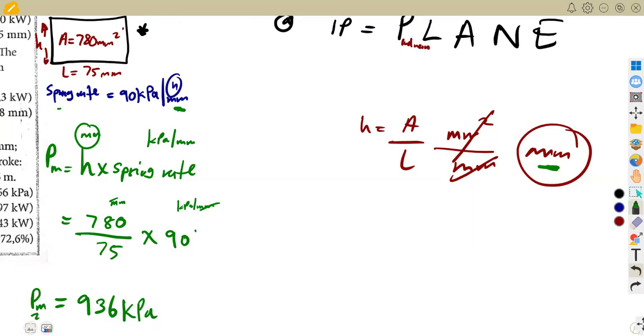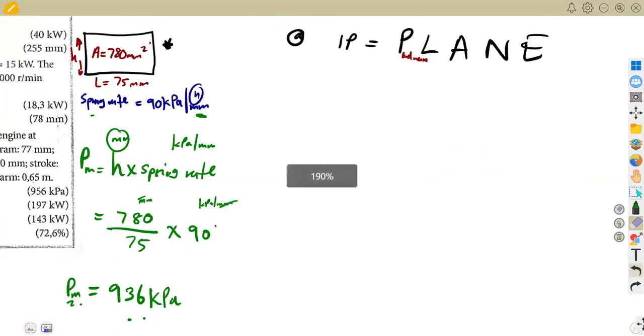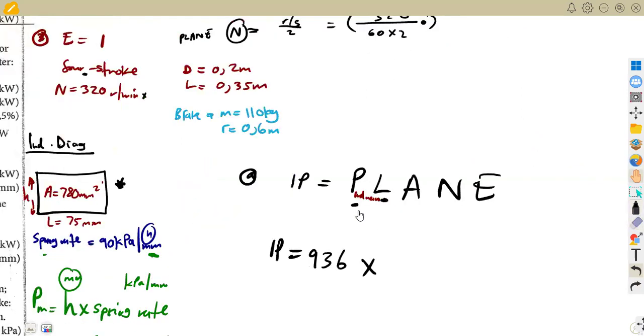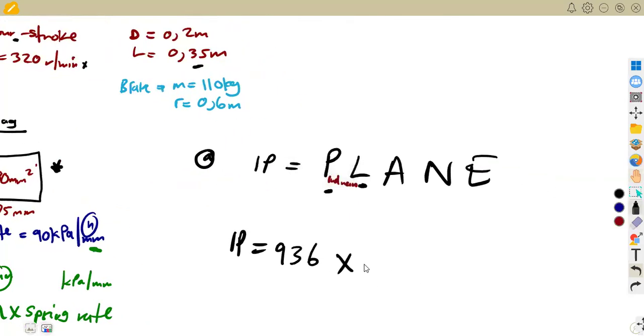With the indicated mean effective pressure, we can calculate the indicated power. Our indicated power is the indicated mean effective pressure, 936, times the stroke length from the cylinder, not from our indicator diagram here. What is our stroke length? That's 0.35, times the area from the diameter, pi d squared over 4, that's 0.2 squared over 4 in meters, times n.